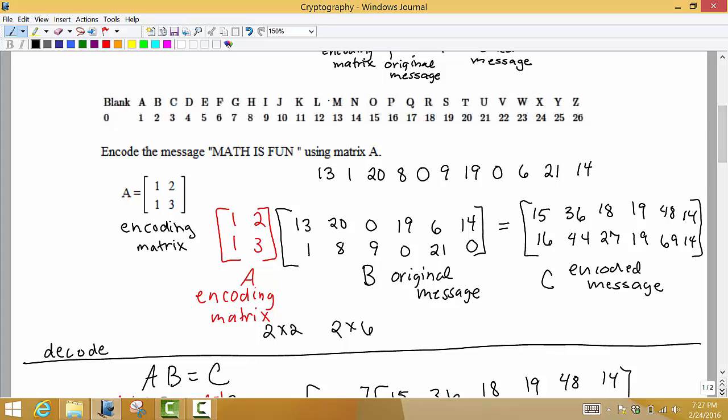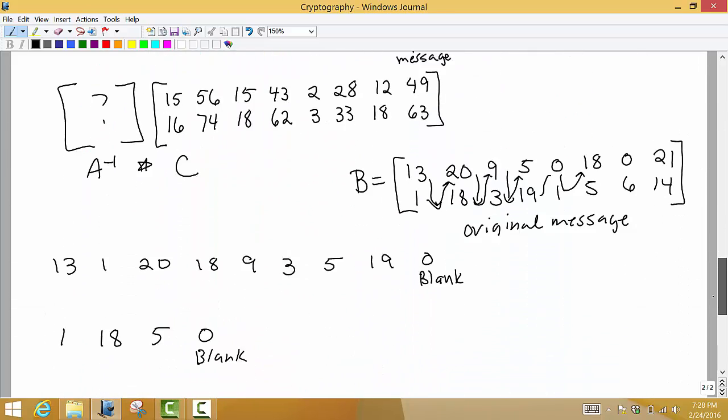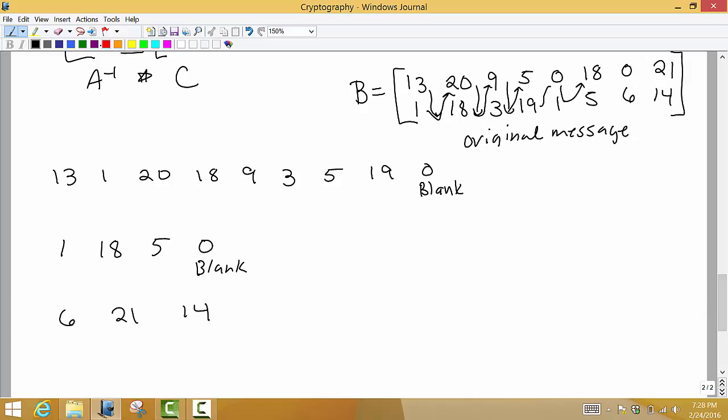So 13 represents an M. So that would be M. 1 is A. 20 is a T. 18 stands for R. 9 is I. 3 is C. 5 is E. And 19 is S.